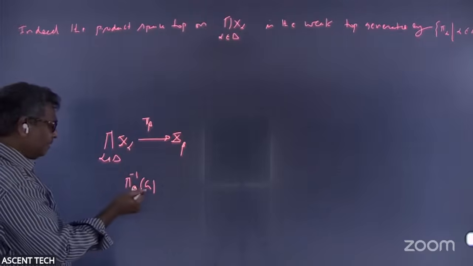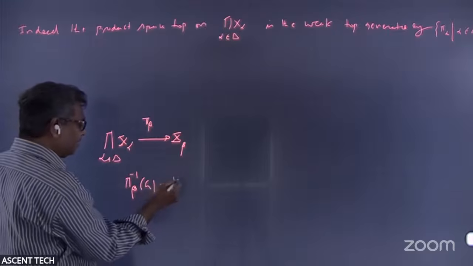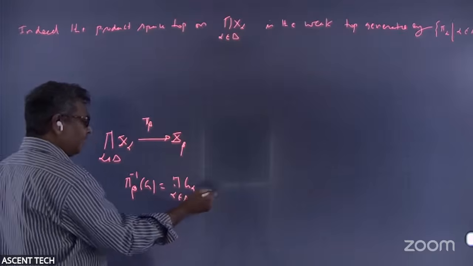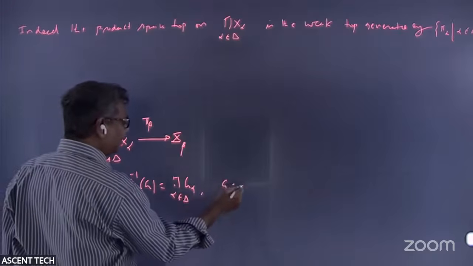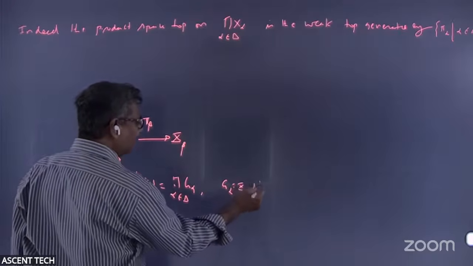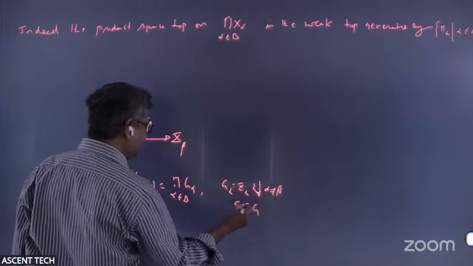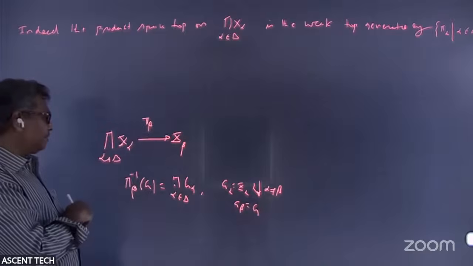But what is pi beta inverse of G? It is nothing but the product of G alpha, alpha in delta, where every G alpha is X alpha if alpha is not beta, and G beta itself is G.